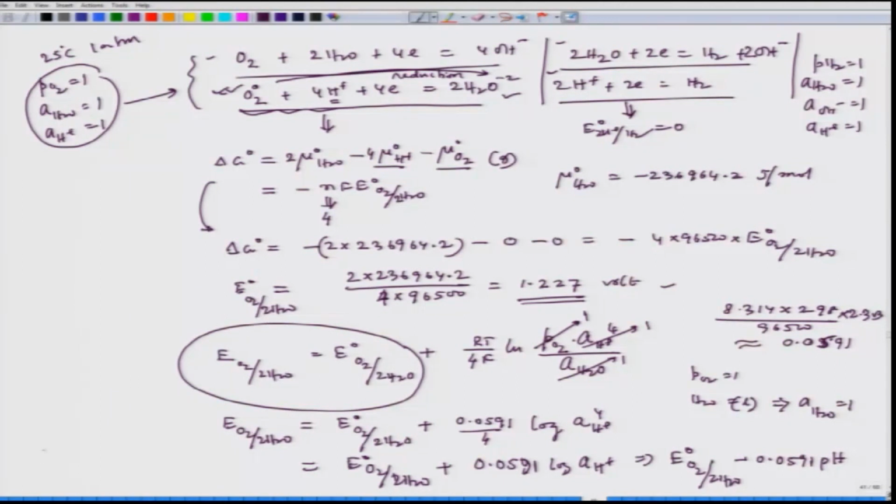Here, log of H plus with a minus sign equals pH, and we have also considered the ideal solution, so activity of H plus equals concentration of H plus, where activity coefficient equals 1. In that case we get this equation.